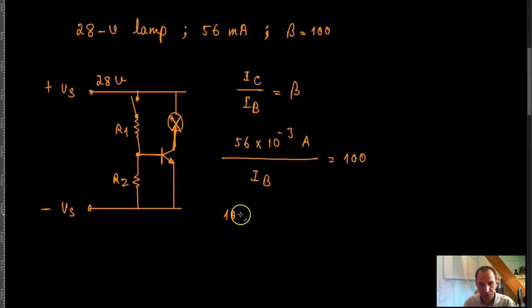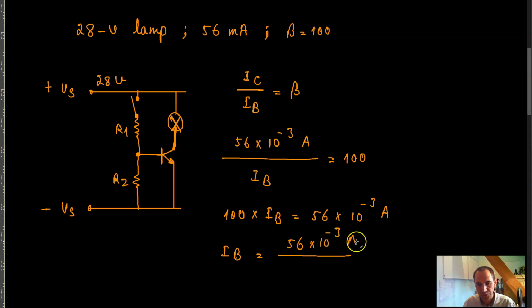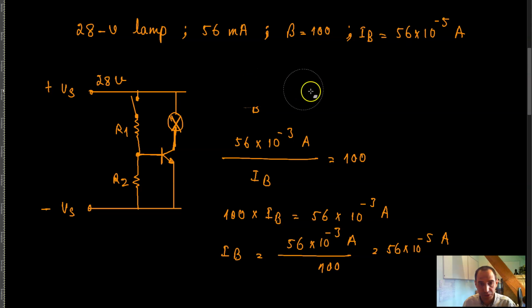That means that 100 times I_B is equal to 56 times 10 raised to the power negative 3 amp, which means that I_B is equal to 56 times 10 raised to the power negative 3 amp divided by 100, which is the same thing as 56 times 10 raised to the power negative 5 amp, right? So your I_B is supposed to be 56 times 10 raised to the power negative 5 amps. So that's basically your base current.